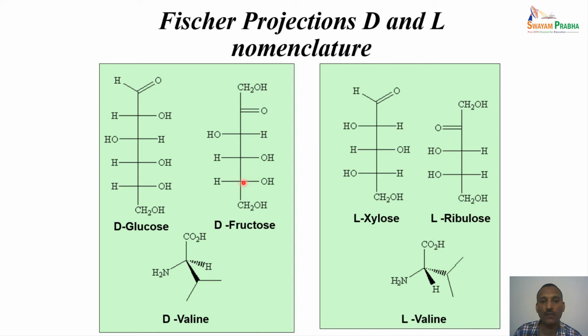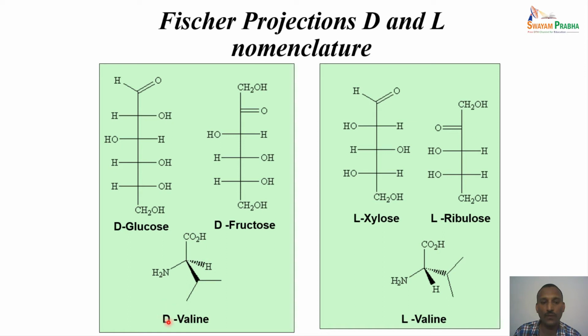In this one, we have a hydroxyl. So there is a difference between the secondary hydroxyl and the ketone. Ketone is the most oxidized functionality. So the compound is written like this by keeping ketone at the top, and now the farthest carbon is this carbon, and this is having the hydroxyl on the right, so this is again a D isomer.